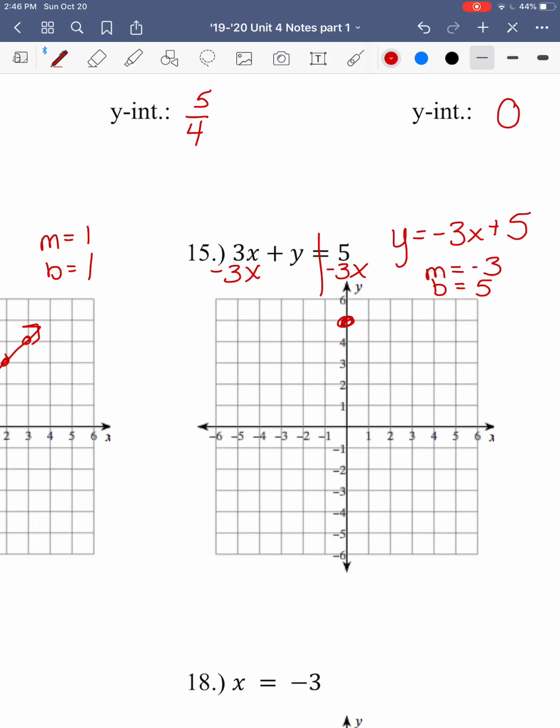A lot of times I'll say if you need to, write it as a fraction, so -3 over 1, just to remind us, okay, that means I go down 3. So I go 1, 2, 3. Over 1, and so that's where my point would go next. Okay, so down 3, 1, 2, 3, over 1, down 3, over 1, got my 3 points.